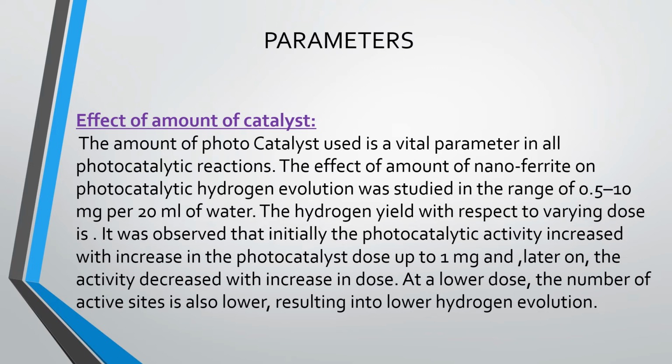It was observed that initially the photocatalytic activity increased with increase in the photocatalyst dose up to 1 mg, and later on the activity decreases with the increase in dose. At a low dose, the number of active sites is also low, resulting in lower hydrogen evolution.